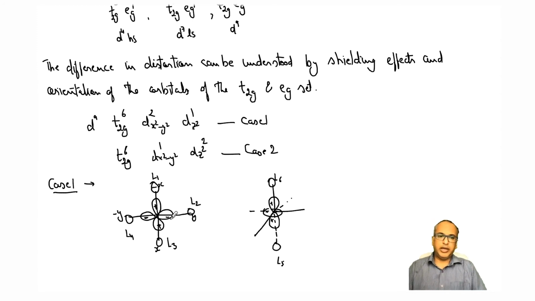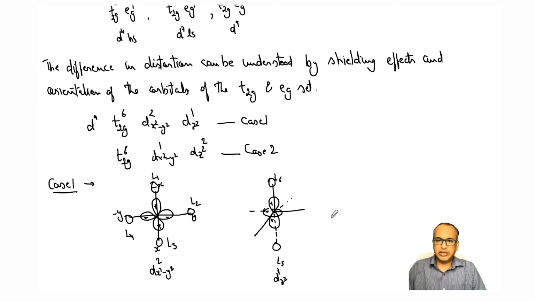Okay, so if you have dx square minus y square fully filled and dz square partially filled, the electronic repulsion or electronic shielding between the electrons of ligands versus the metal atom would be more here. So the attraction between ligands and the metal atom will be less as compared to this one.